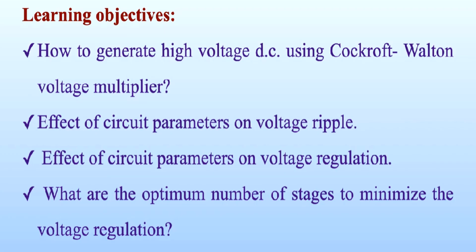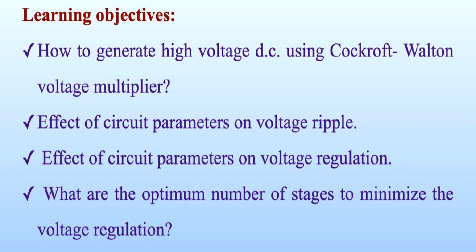These are the learning objectives of this topic. First, we are going to see how the high voltage DC is generated with the help of the Cockcroft-Walton voltage multiplier circuit. Next, we are going to see the circuit parameters used in this circuit, and with them we are going to derive the voltage ripple.